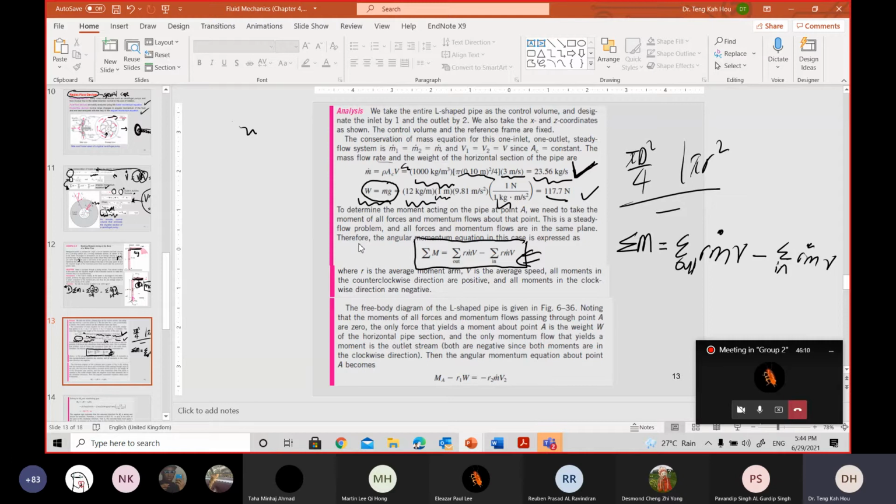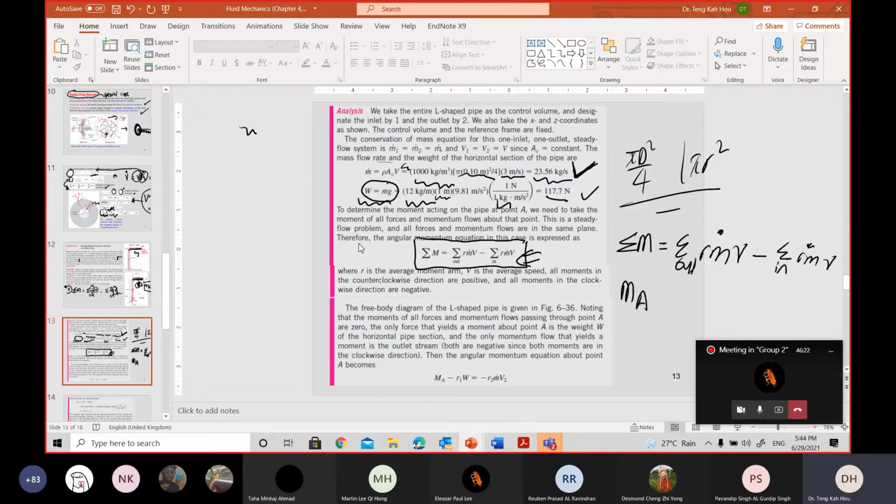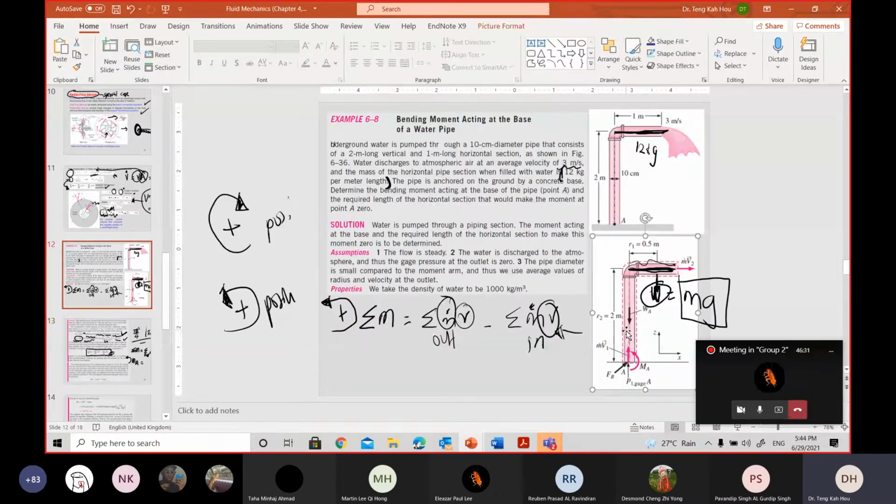So in this case, you have the moment at A, because the question gave it to you, right? Bear in mind, the direction is over here. Moment at A, so I write something like this: moment at A equals, I need to copy this and I'll show you.